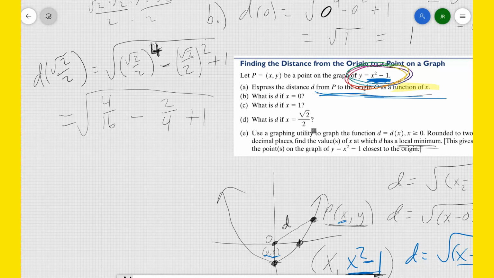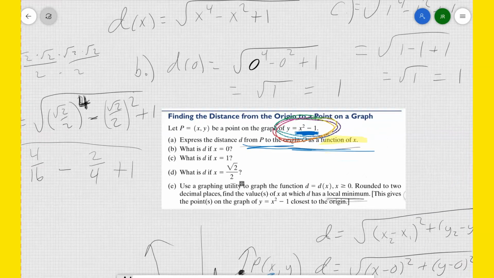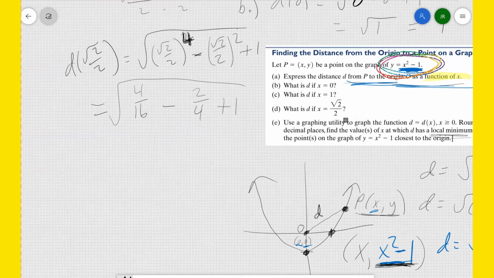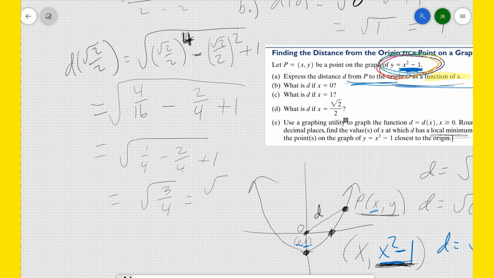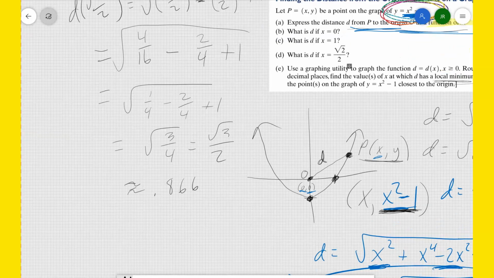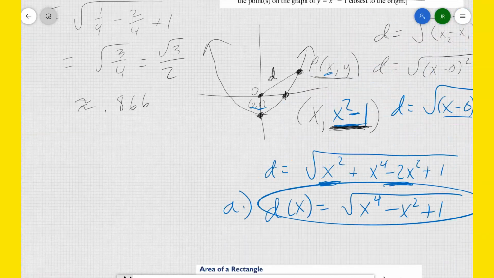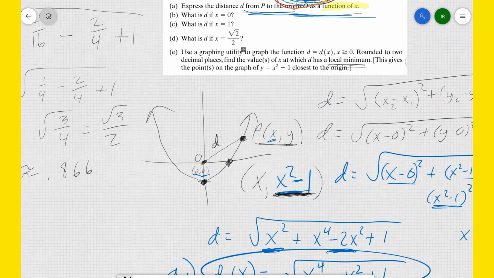Yeah, I did it correct on B and C. I just didn't do it correct on part D. So that's going to be the square root of 1/4 minus 2/4 plus 1, which is the square root of 3/4, which is the square root of 3 over 2, which is about 0.866.